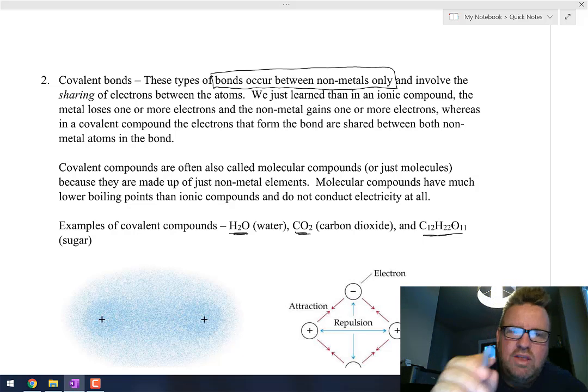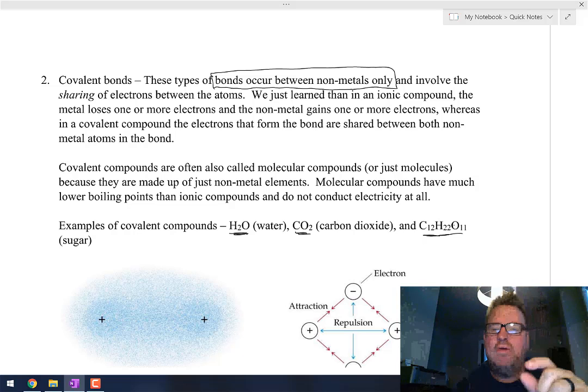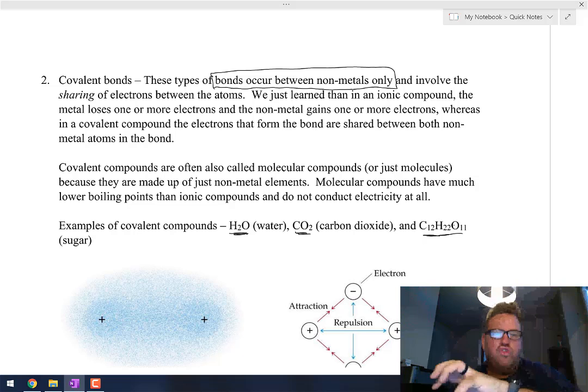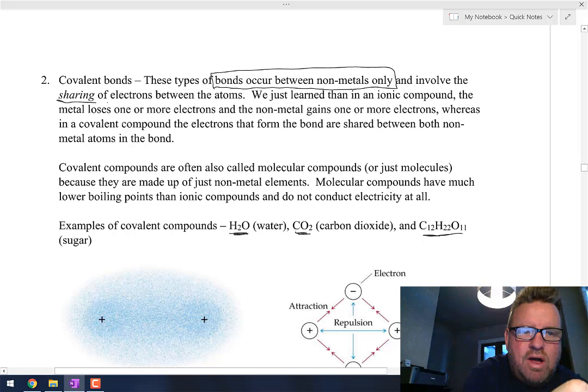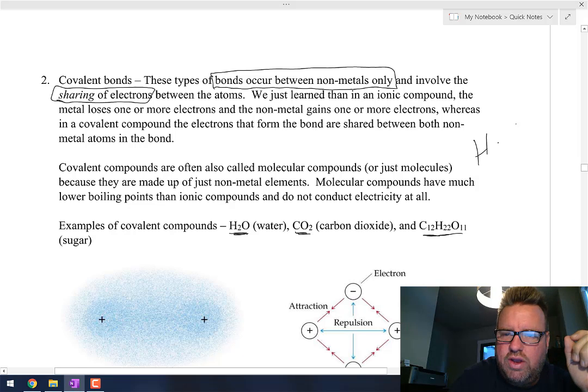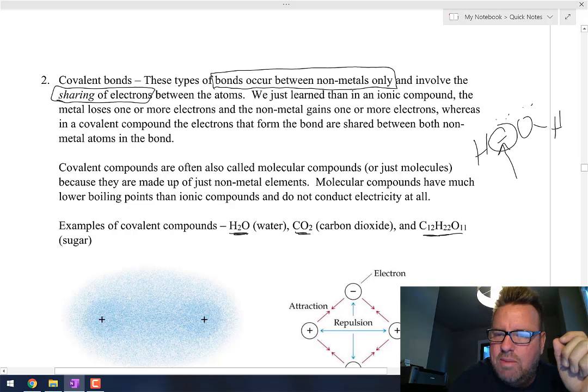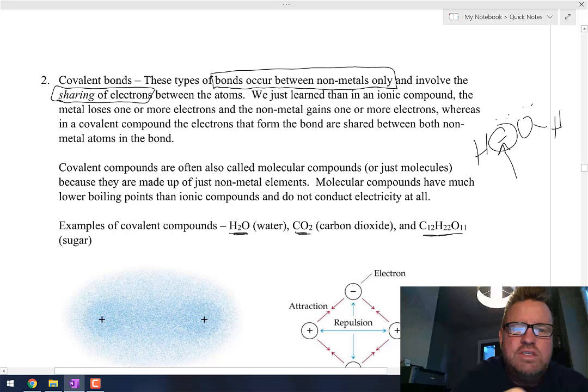Okay, another big difference is, remember with ionic compounds, the metal transfers its electron to the non-metal. Okay, with covalent bonds, they share electrons. Remember that H2O I drew earlier? This is a covalent bond right here, and those electrons in that bond are being shared between the two of them. Okay, sometimes when we talk about covalent compounds, we call them molecular compounds because they are molecules.